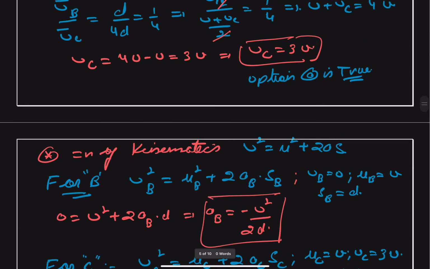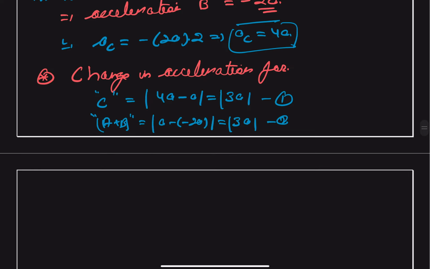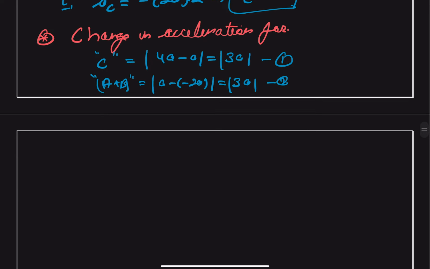So from 1 and 2 we can see that the respective change in acceleration in both the cases, for C as well as A plus B, is the same.